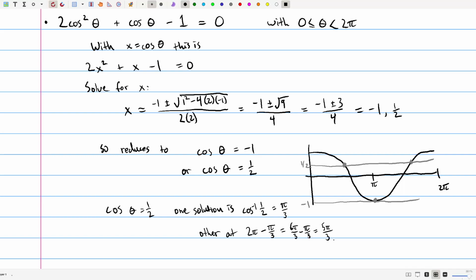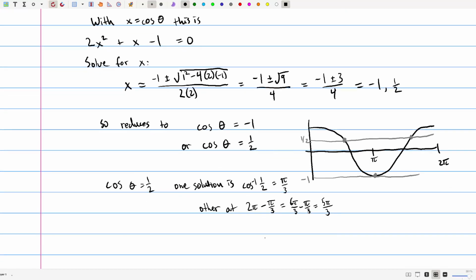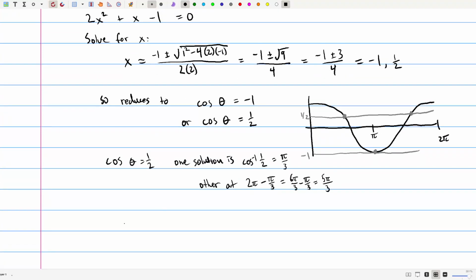Right, so let's just accumulate this all as a solution. So the solution is we've got pi over 3. That's the first one. Our next one is at pi. And our last one is at 5 pi over 3.